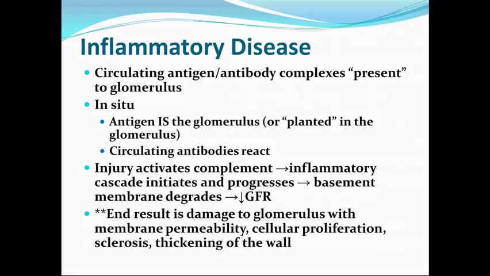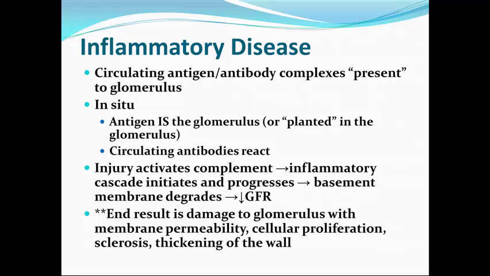So you see the difference between the circulating antigen-antibody complexes. You already have those complexes circulating, present to the glomerulus, get stuck, they're trapped, they cause damage, as opposed to you have circulating antibodies that essentially come across an antigen in the glomerulus and then stimulate that antigen-antibody response.